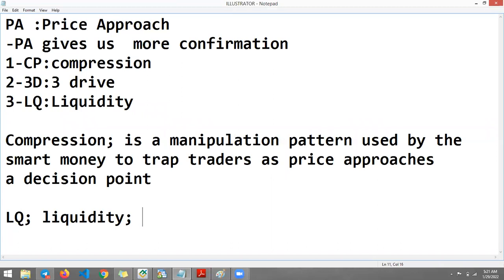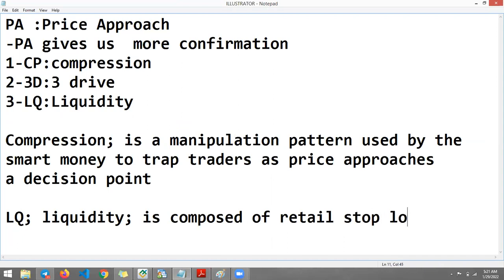So now liquidity is basically composed of retail stop losses, right? So basically each time stop loss levels are entered, it accumulates what we call liquidity, right? And that is what the smart money are interested in.